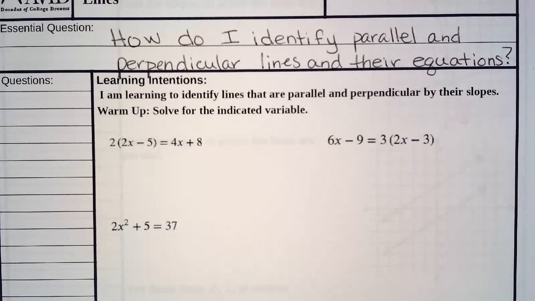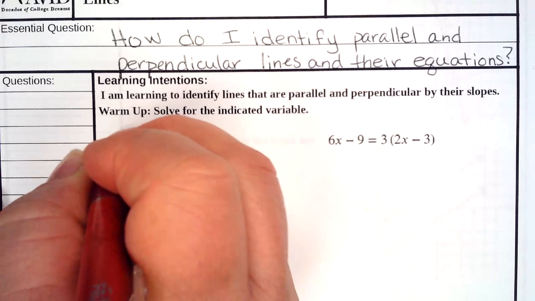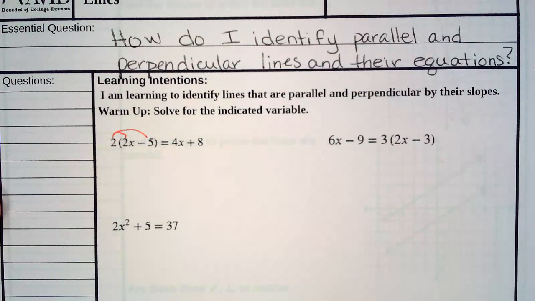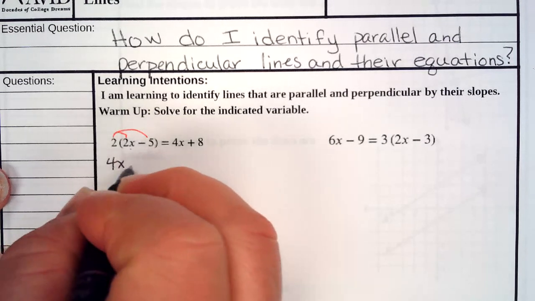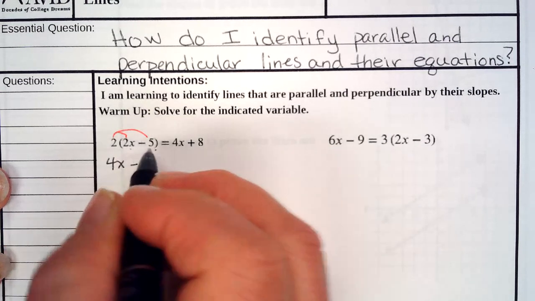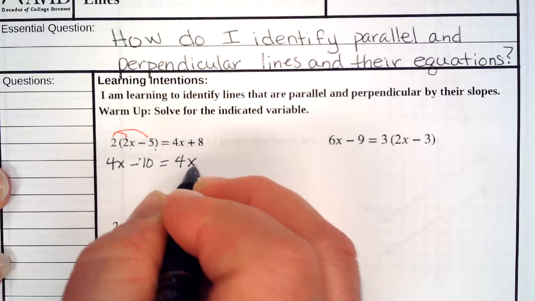On the first one, we start off with the distributive property. We have 2 times 2x would give me 4x, minus 2 times 5 is 10, is equal to 4x plus 8.